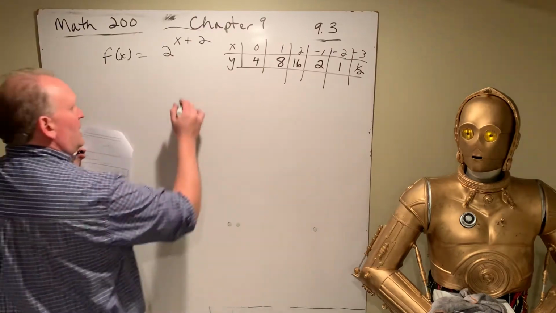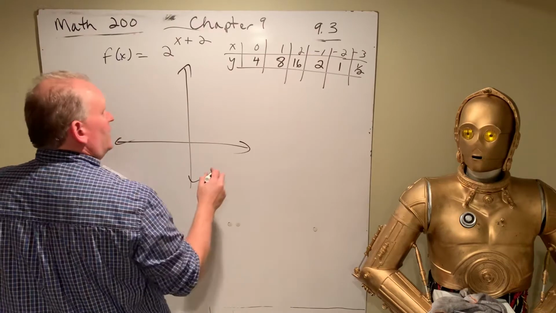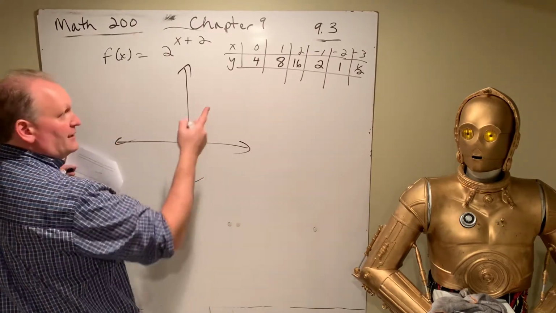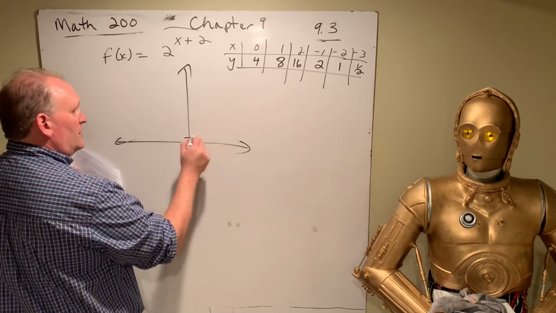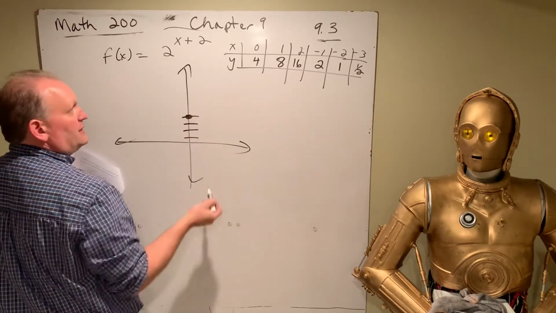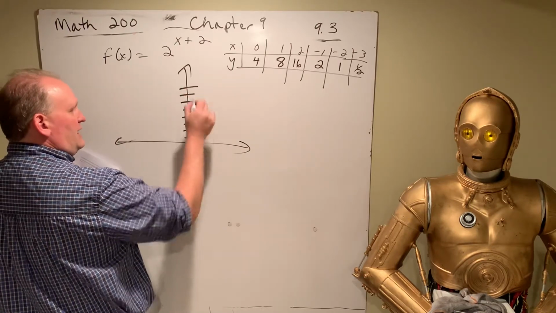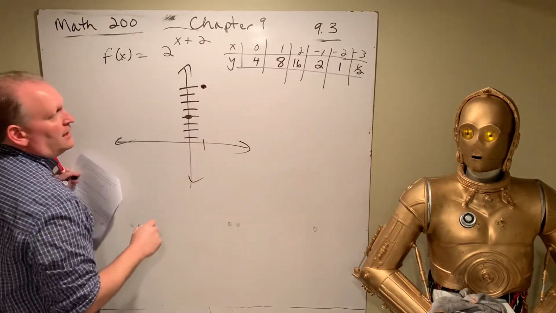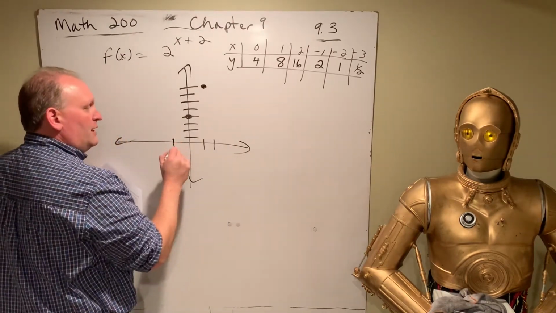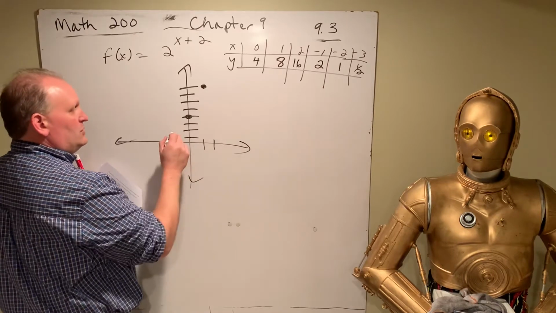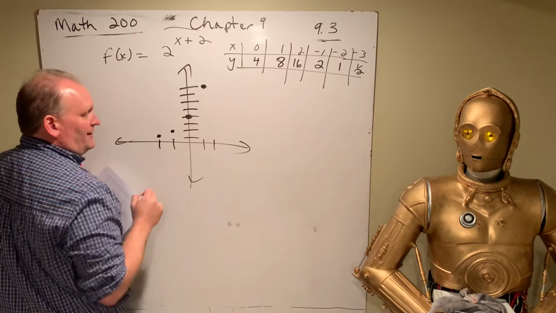All right. And so now if we look at that graph, what do we have here? 0, 1, 2, 3, 4. That's right there. 1, 1, 2, 3, 4, 5, 6, 7, 8. That's right there. 2, 16 is off the charts. -1 is 2. -2 is 1.